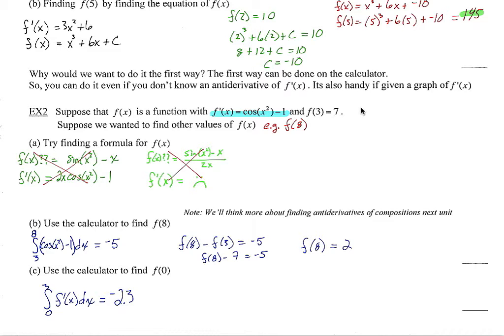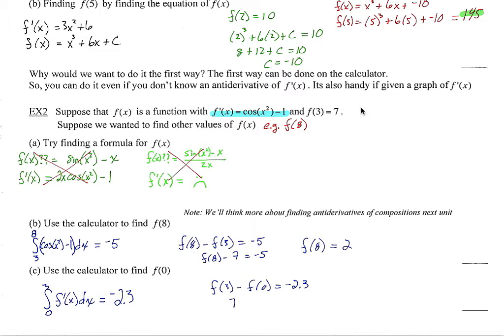When you do this on your calculator, you should have gotten -2.3, and then we are using the fundamental theorem of calculus, which tells us that f of 3 minus f of 0 is equal to -2.3. We know what f of 3 is. That's 7.